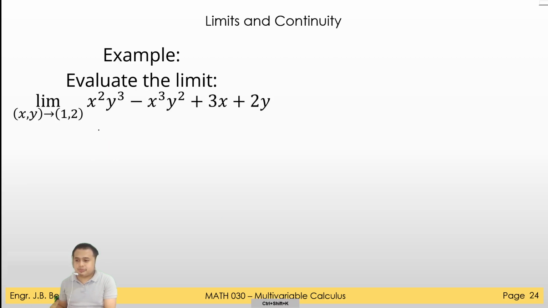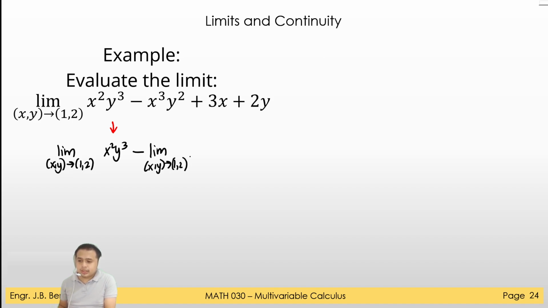So what does this basically mean if we want to obey the limit rules is that this will now become the limit as xy approaches 1 and 2, of x squared y cubed, minus the limit as xy approaches 1 and 2, of x cubed y squared, and then plus 3 times the limit of x, sorry, xy approaches 1 and 2.